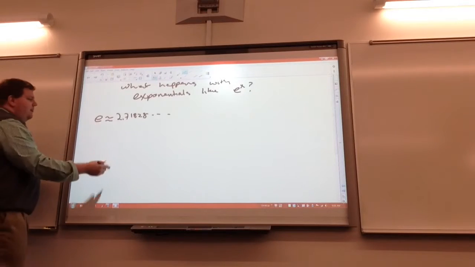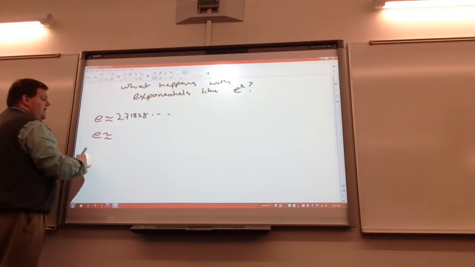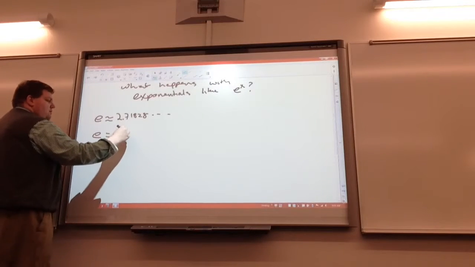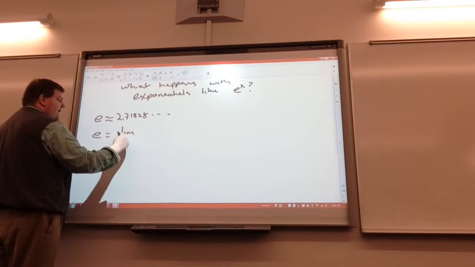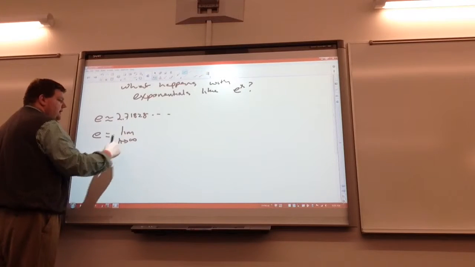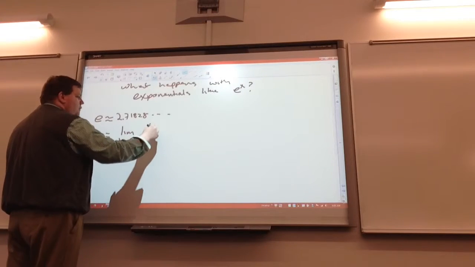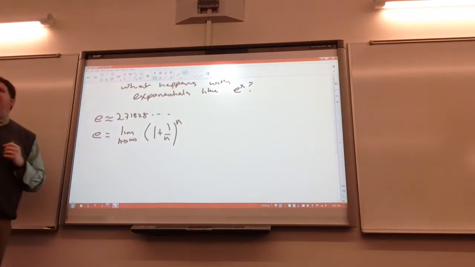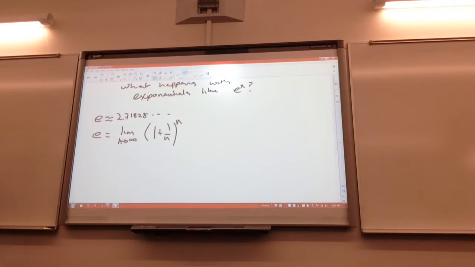Remember, e is equal to, it's actually no approximation there, it is equal to the limit as n goes to infinity of (1 + 1/n)^n. That's what e is equal to.